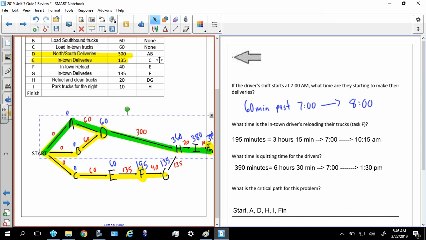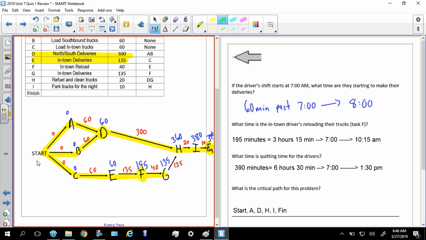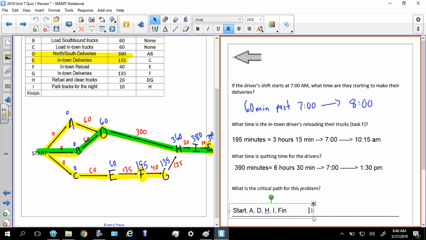Let's see if I can take the whole thing away. Oh, good. The other critical path was from start to B to D to H to I, all the way to fin. This is just one of those weird ones where you have two critical paths. I don't know if we'll ever see any more of these. B, D, H, I, and fin. There we go, two critical paths.